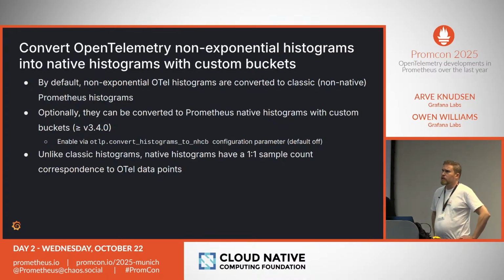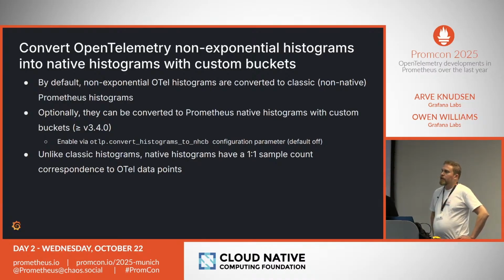So the context is that when it comes to exponential OTLP histograms, they are converted to native histograms, which is the preferred format. Whereas by default, when Prometheus receives non-exponential histograms over OTLP, they will be converted to so-called classic Prometheus histograms, which are really an emulation of histograms.